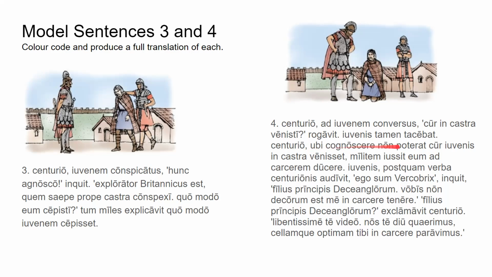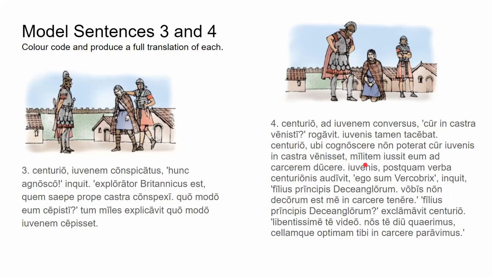When poterat, he was not able, cognoscere, to learn, that's a complementary infinitive with possum. When he was not able to learn, and then cognoscere is introducing an indirect question with cur, why. When he was not able to learn why the youth, veniset, pluperfect subjunctive, had come in castra, into the camp.